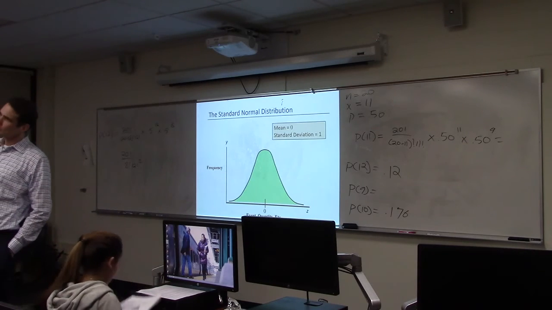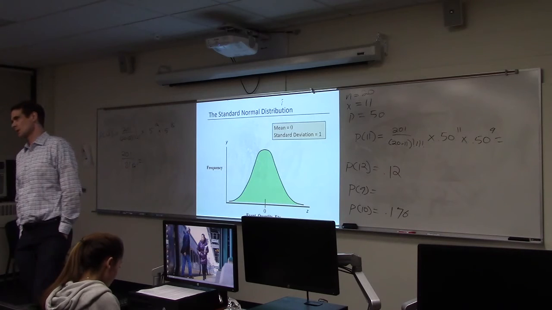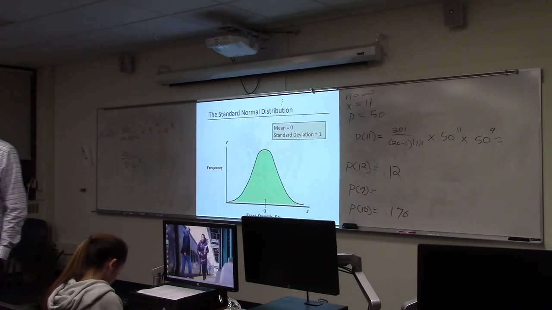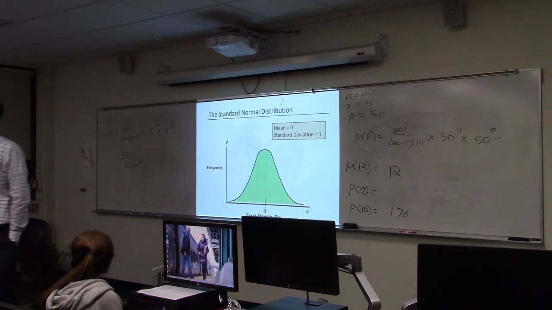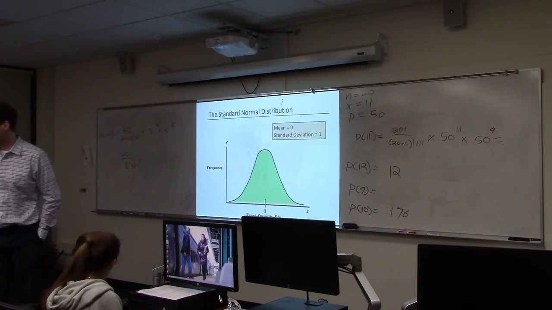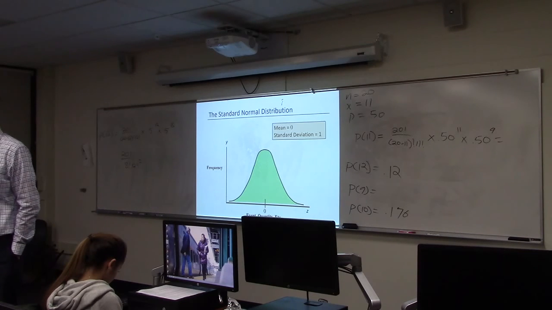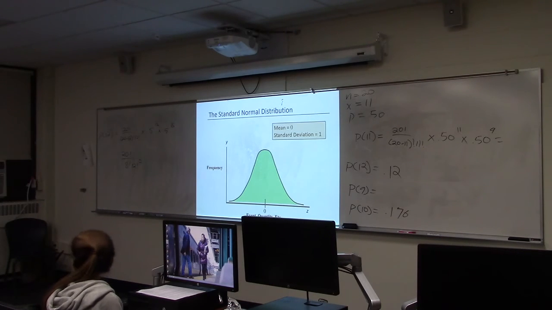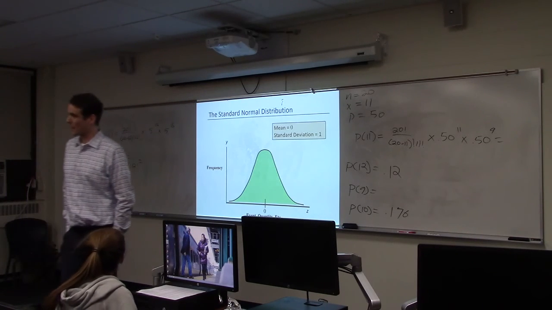So if the average tree size is 16 feet, and the standard deviation is 1 foot, and I have a tree that is 18 feet tall, okay, you with me? The mean is 16, the standard deviation is 1, I find a tree that's 18 feet tall. How many standard deviations is that tree above the mean?